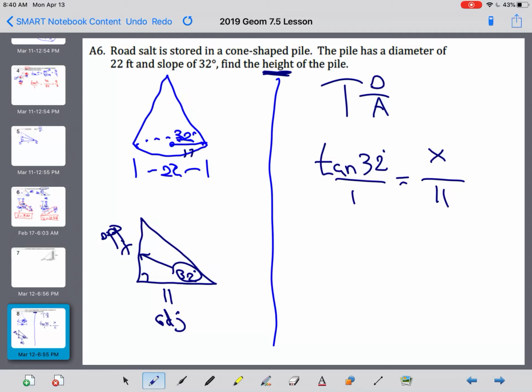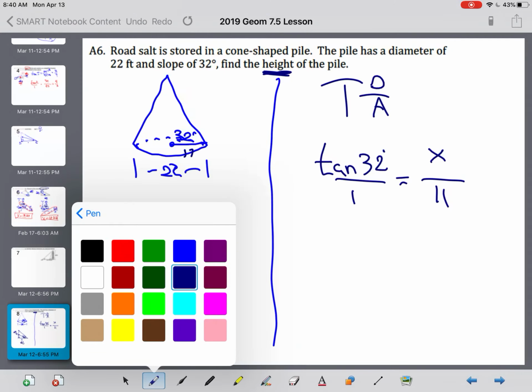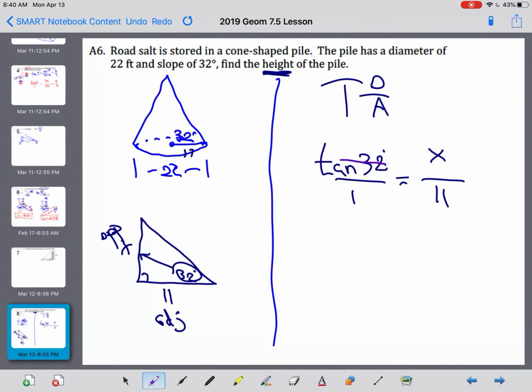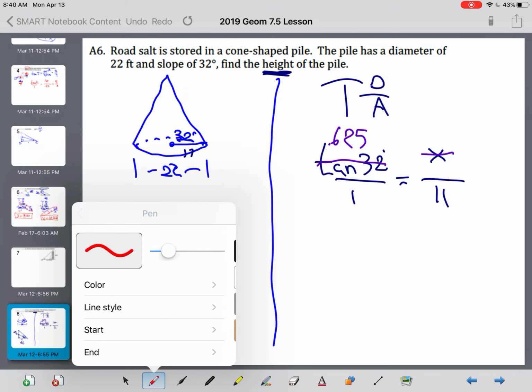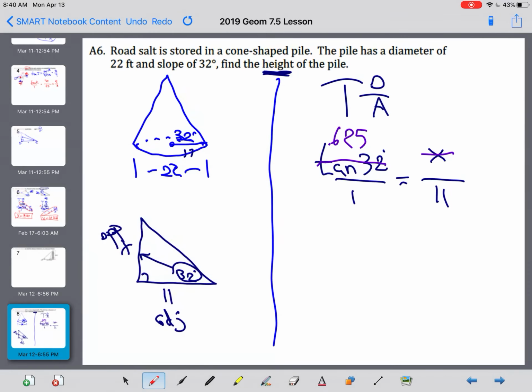Now, like previous, the next step is to find out what the tangent of 32 is on the calculator. Tangent 32 comes out to be 0.625. Oops, 0.625. And now we do that teacher-approved shortcut that we've done in the past.